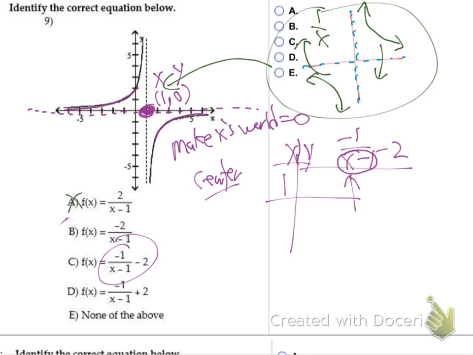Obviously 1. Now when you plug that in, minus 1 over 0, right? That bottom's going to become 0 when you plug in 1. So what's minus 1 over 0 minus 2? Remember when you divide by 0, it's undefined? So this is undefined minus 2. If you divide that on your calculator, it's undefined. What's undefined minus 2? Well, it's undefined.